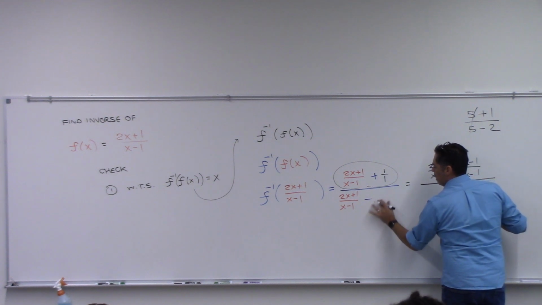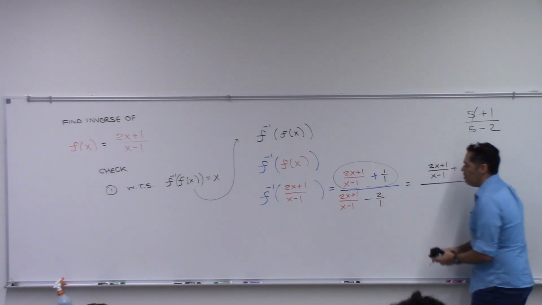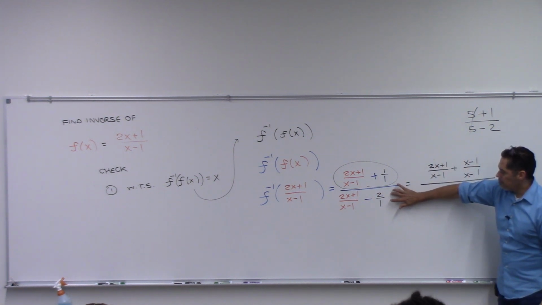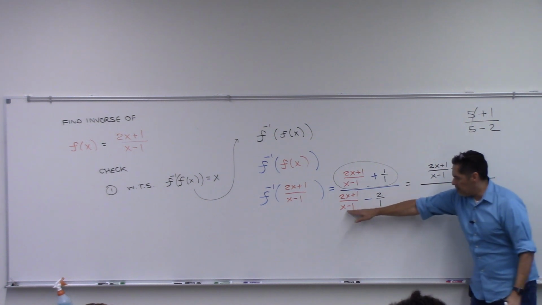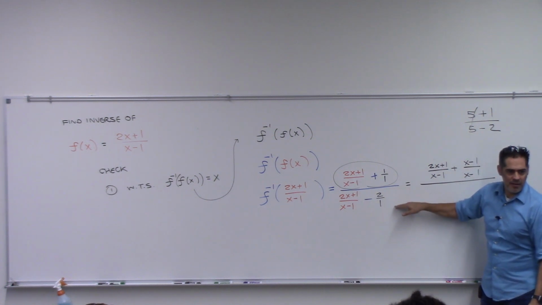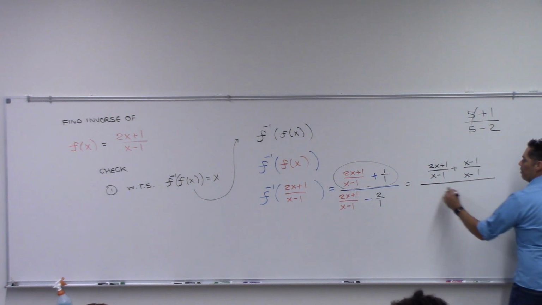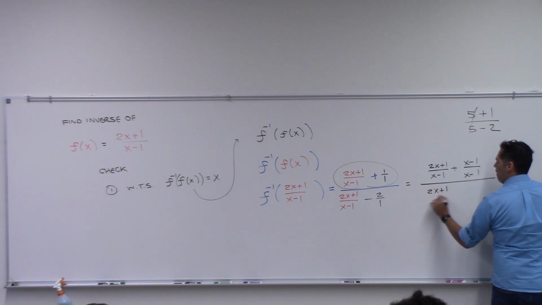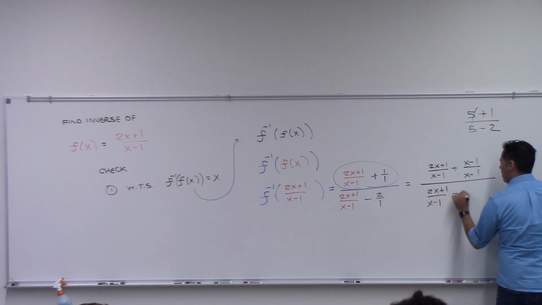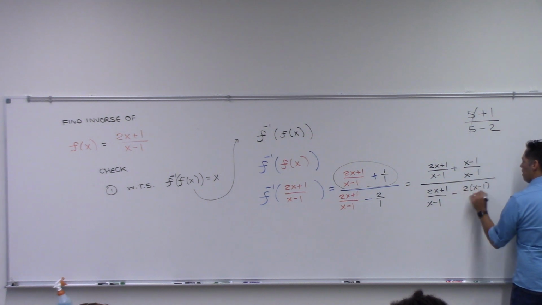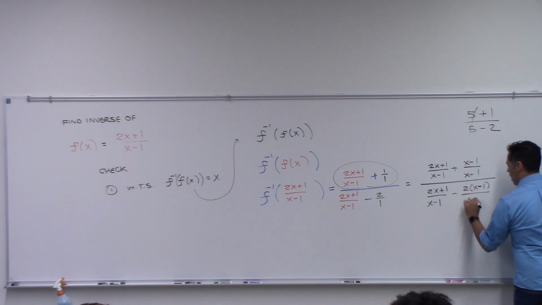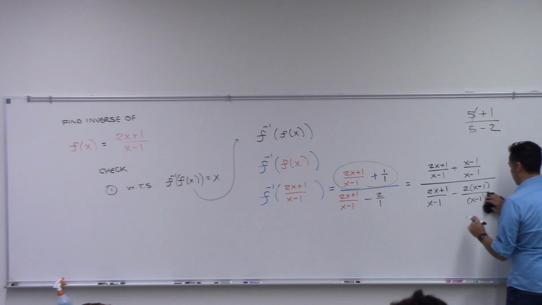This 2, I'm going to look at as 2 over 1. And what do I have to put on the top and bottom? The x minus 1 over x minus 1 again, to get a common denominator. So we'll have 2x plus 1 over x minus 1 minus 2 times x minus 1 over x minus 1. I don't need parentheses down there.